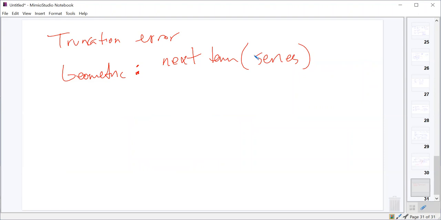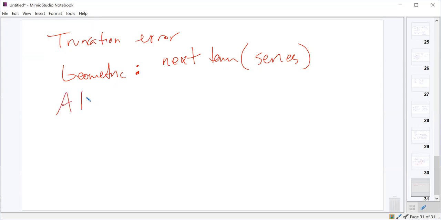And since we're talking about a geometric series, if this thing converges, these terms are going to be getting smaller, because r is going to be less than 1. That means that the full value of the series times that next term is some fractional value, so this is going to be less than the actual value of the series. So our truncation error for a geometric series is just the next term times the series.